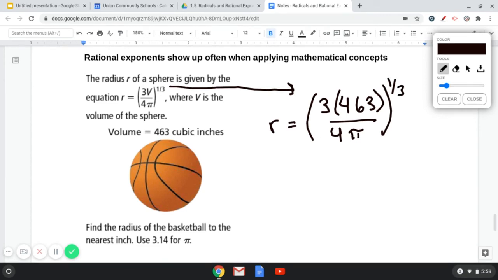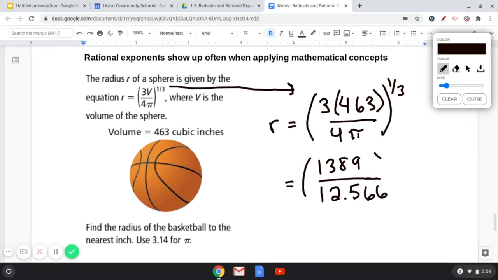In other words, the cube root power. So I'm going to go ahead and type into my calculator 3 times 463. This is equal to 1389 all over 4 pi, which is about 12.566.